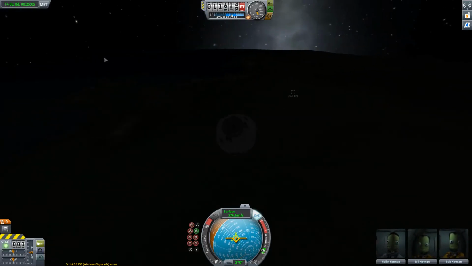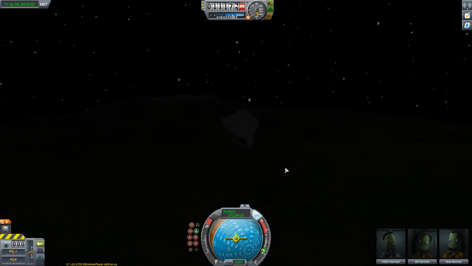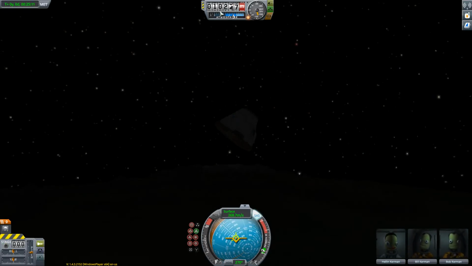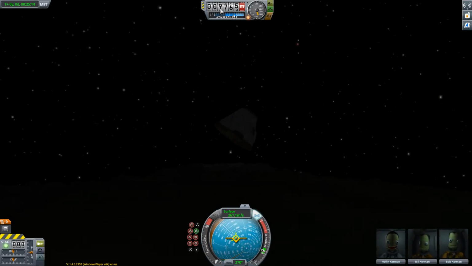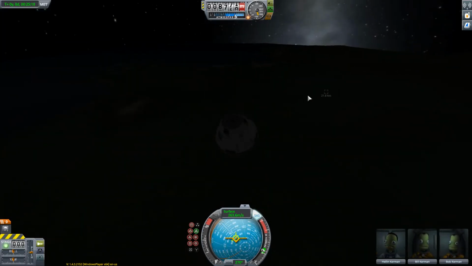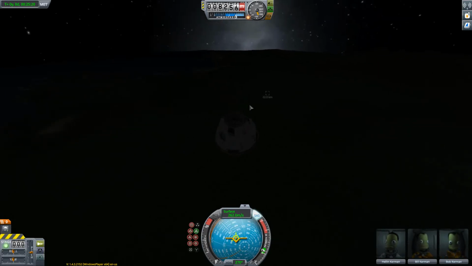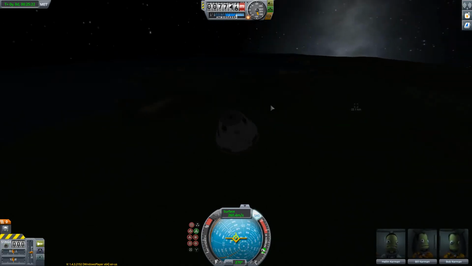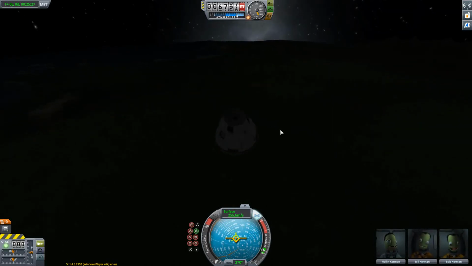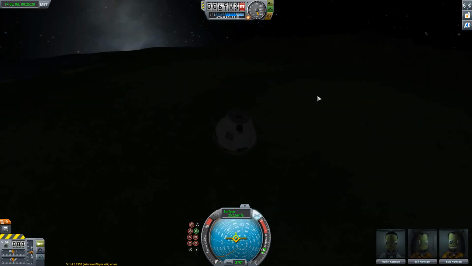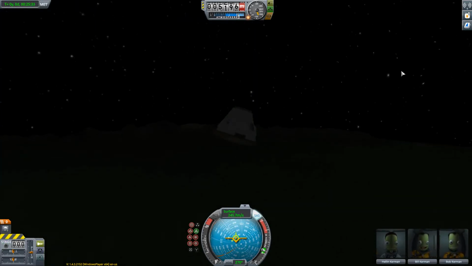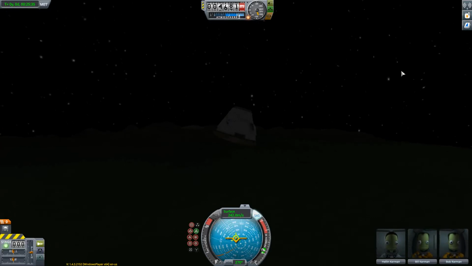And then we'll be good to activate the parachutes, but we're not going to do that until we get to approximately 5,000 meters above sea level. Speaking of which, I'm actually going to land. That was the debris from the second stage hitting the ground.